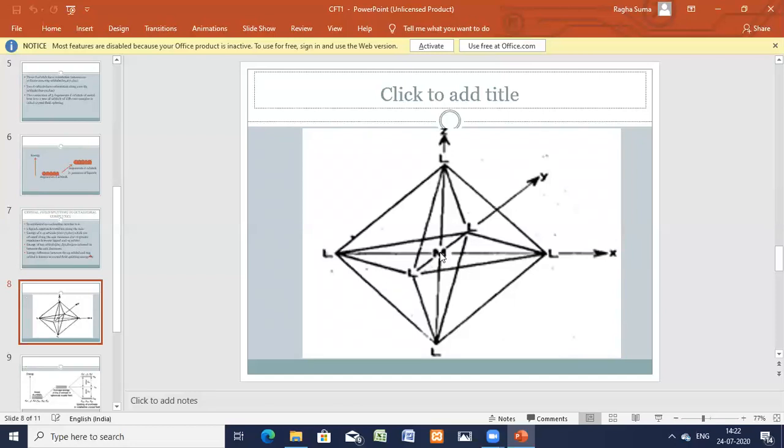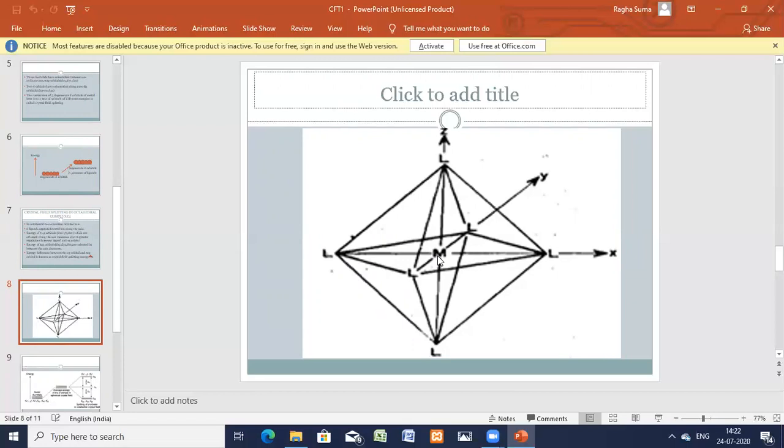So the T2G set is in between the coordinate axes. Here, metal d orbitals: three d orbitals are between the coordinate axes and two orbitals are along the coordinate axes. T2G set and EG set are present in this metal. Now ligands are approaching in the direction to occupy metal orbitals where there are no valence electrons.